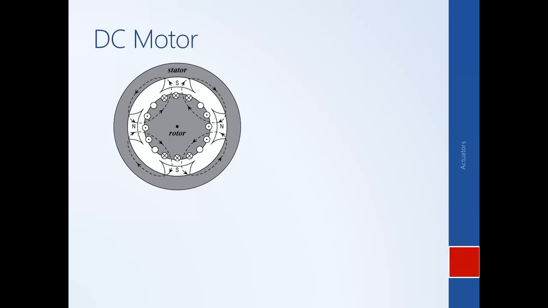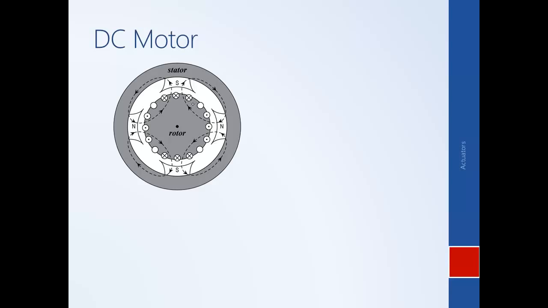In addition, in the previous example, we had a single coil, a single length of wire. In reality, a real DC motor is going to have multiple coil windings, and you can see that here, where the dot shows that the current is coming out of the page.